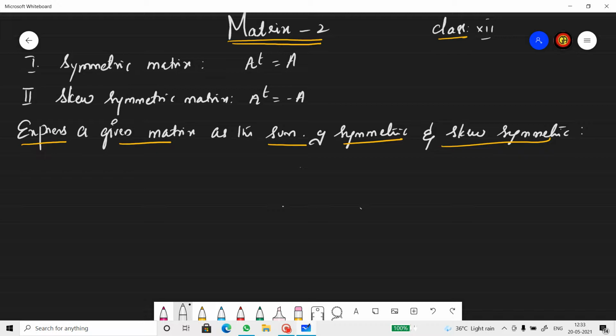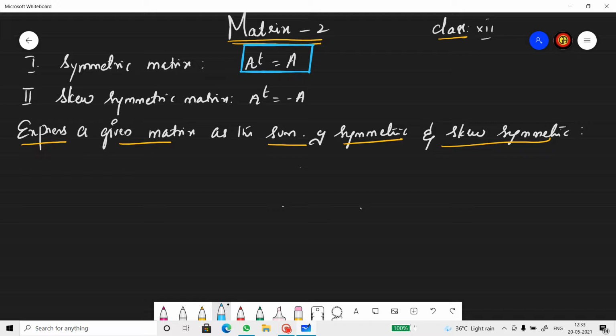Now, what is a symmetric matrix? If A equals A transpose, we call that a symmetric matrix. You very well know what a transpose is, isn't it? Interchanging rows to columns. You change rows to columns and ultimately the columns will also change to rows. So that is a transpose matrix.